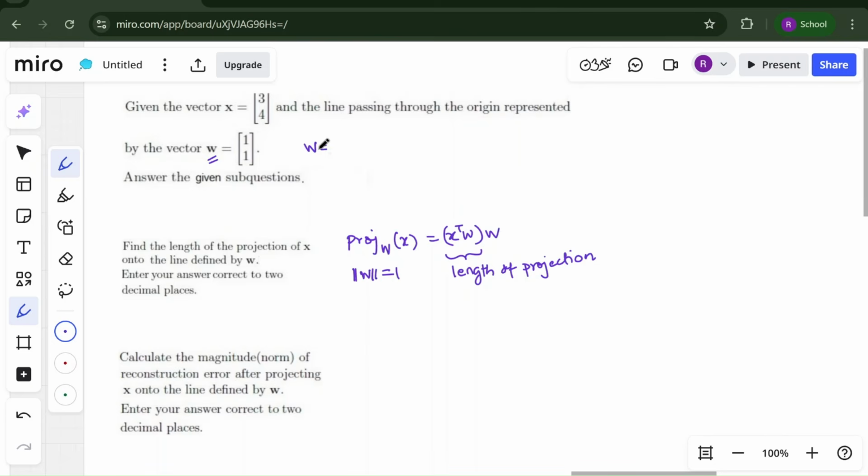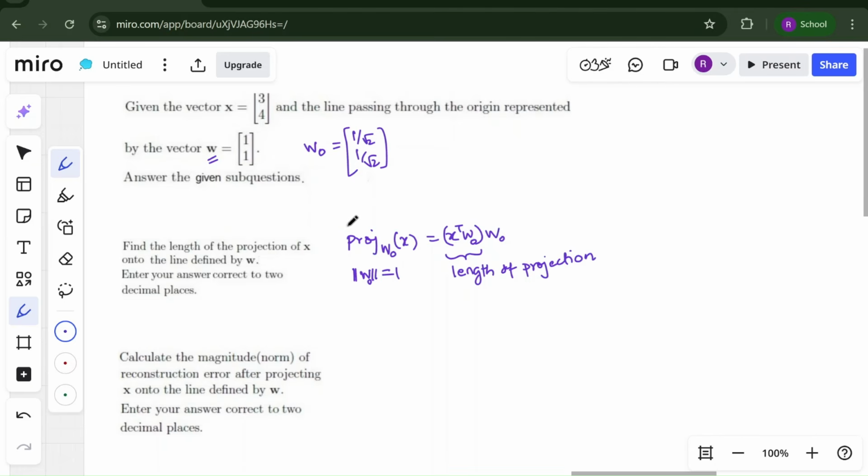Let me call it w naught. So w naught is 1 by under root 2, 1 by under root 2. I'm just normalizing the vector.